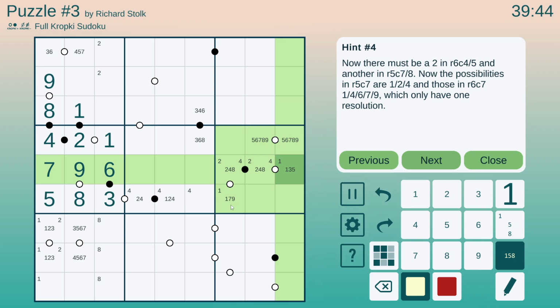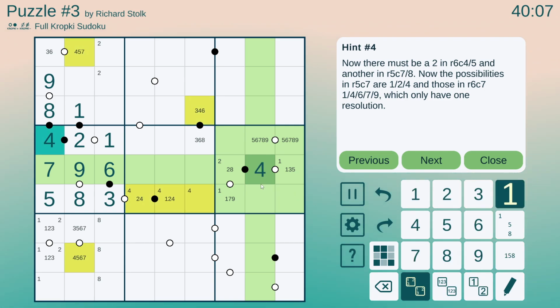Which only have 1 resolution. This can't be a 4. So it's either 2 going into 4 or 8 going into 4.